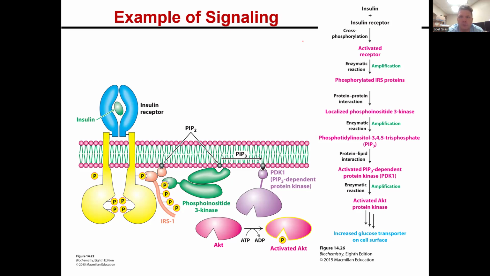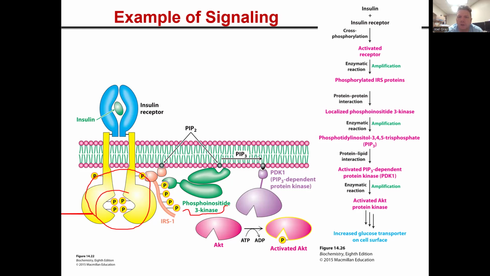This insulin plus insulin receptor is going to lead to all of these phosphorylations right here, and that's going to be our activated receptor, which is then going to stimulate phosphoinositide 3 kinase.